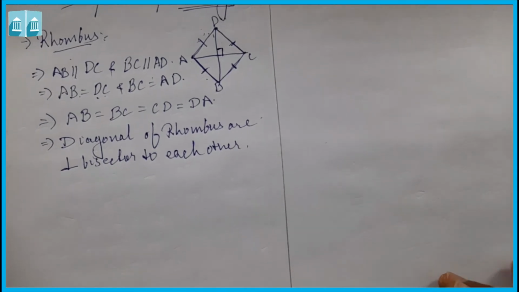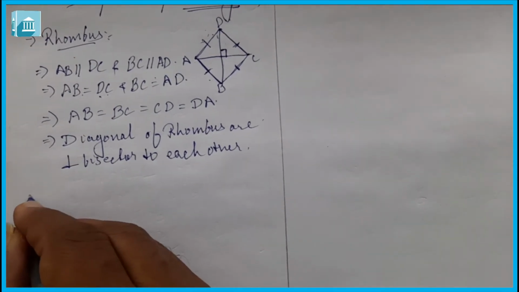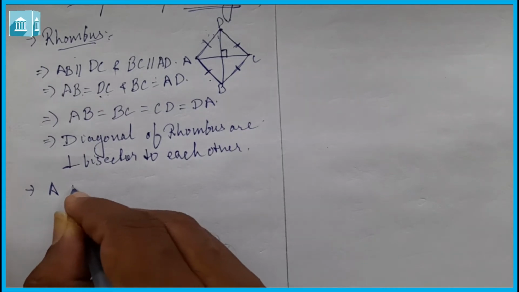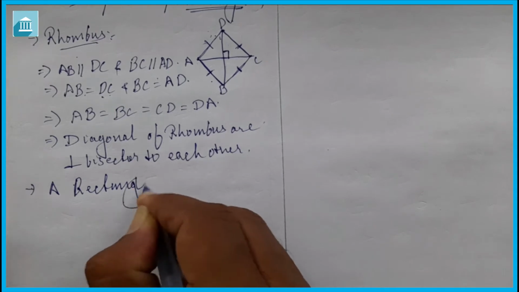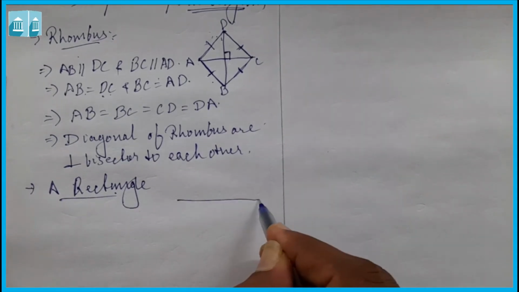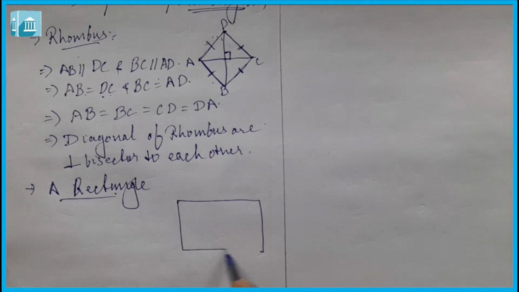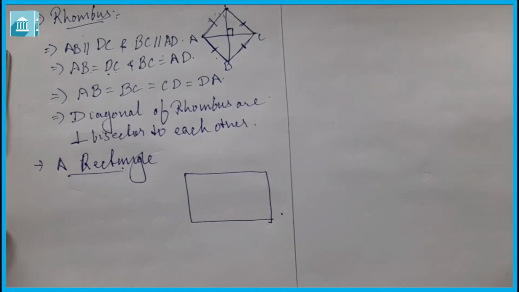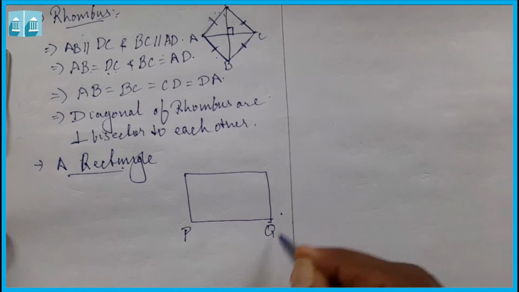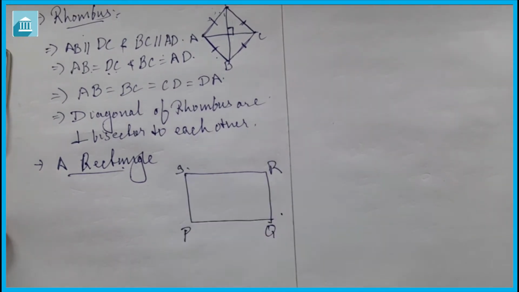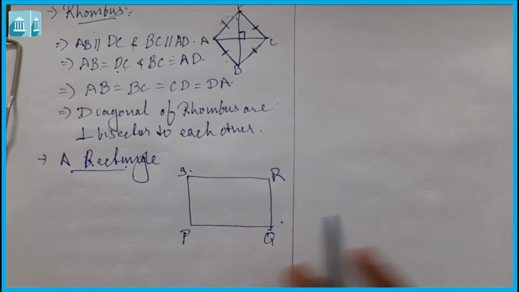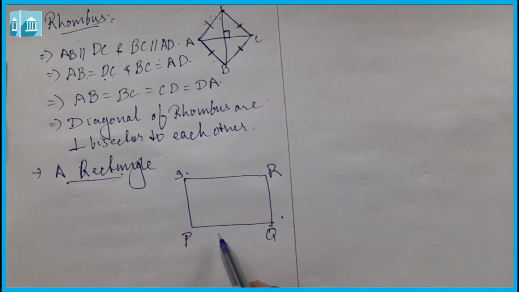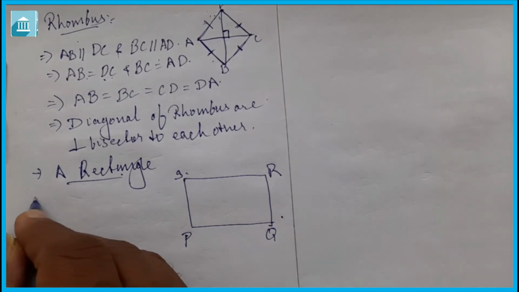Now let us see another one, that is a rectangle. A rectangle is very well known to you. Suppose it is PQRS. A rectangle is again a parallelogram, means it possesses all the properties of a parallelogram: its opposite sides are equal and its opposite angles are equal.